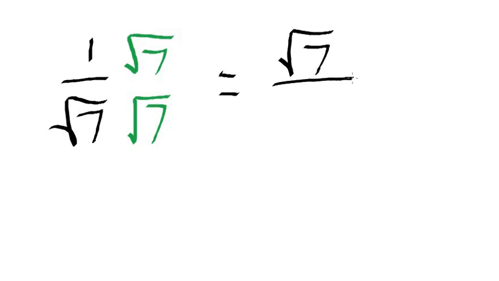Okay, in this particular problem, I'm going to rationalize the denominator. In other words, get that radical out of the denominator, and you simply do that by multiplying the bottom by the square root of 7 and the top by the square root of 7. So we end up with the square root of 7 over, now the square root of 7 times the square root of 7.